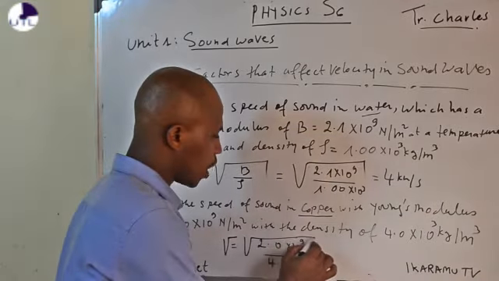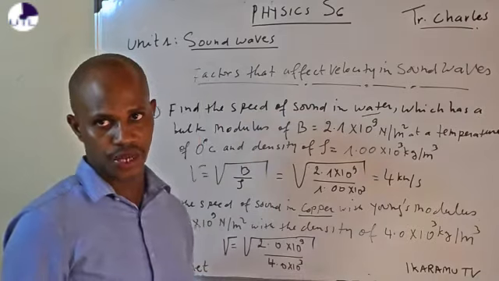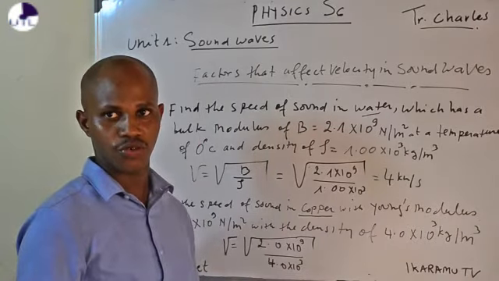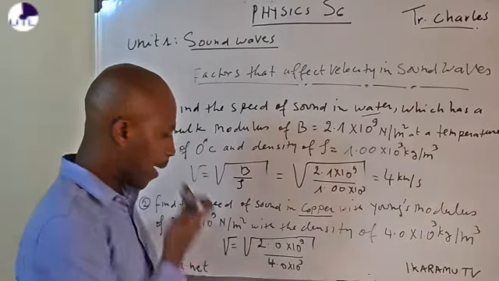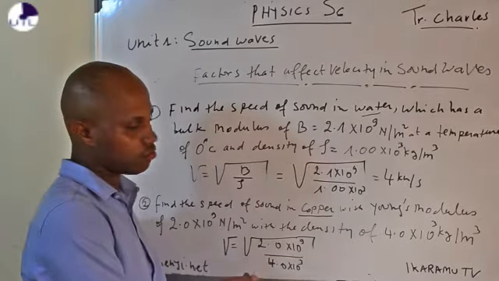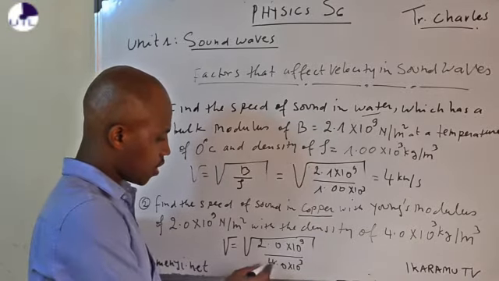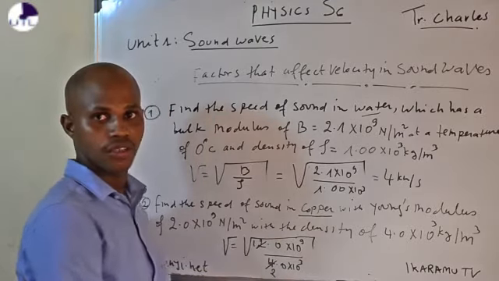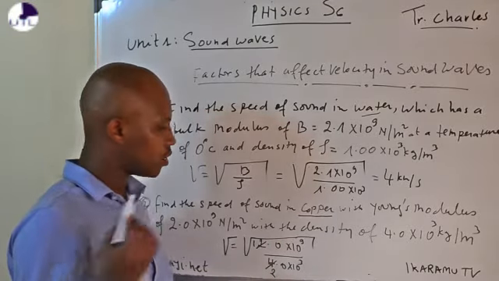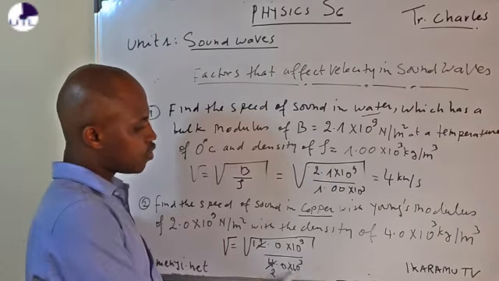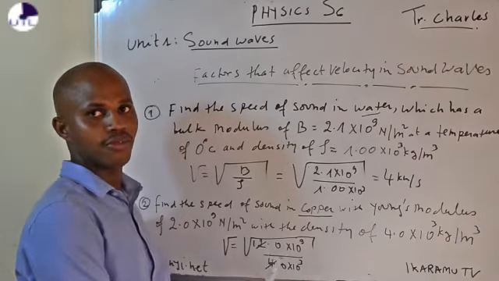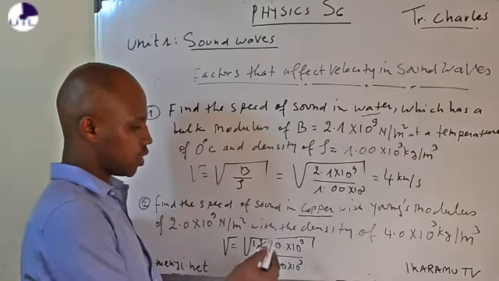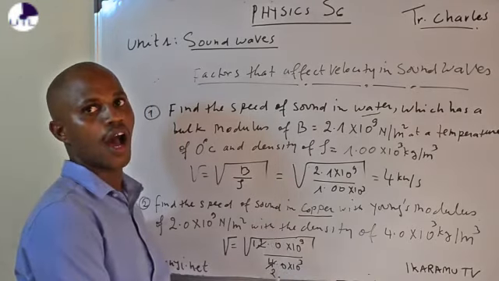Let me show you how, if you have a challenge with your calculator, there is a way that you can do this. For example, can I simplify 2 by 4? Very simple. Here I remain with 2, here I remain with 1. By using property of powers, I can take this 10 to the power 3, it becomes 10 to the power -3 when it moves up.